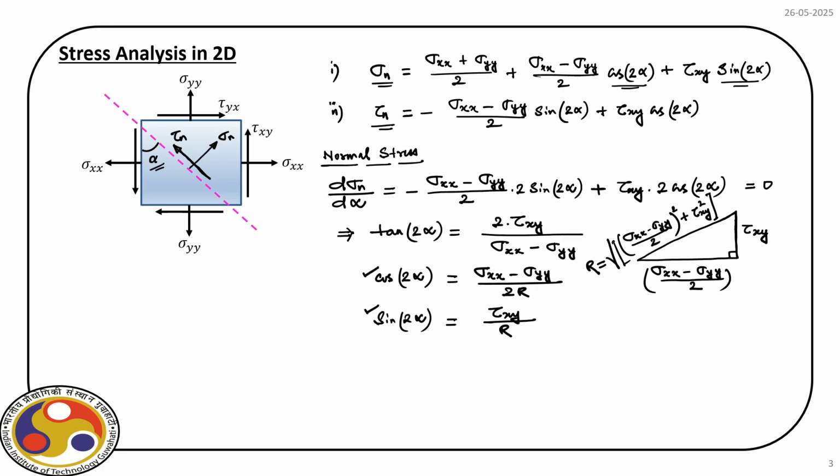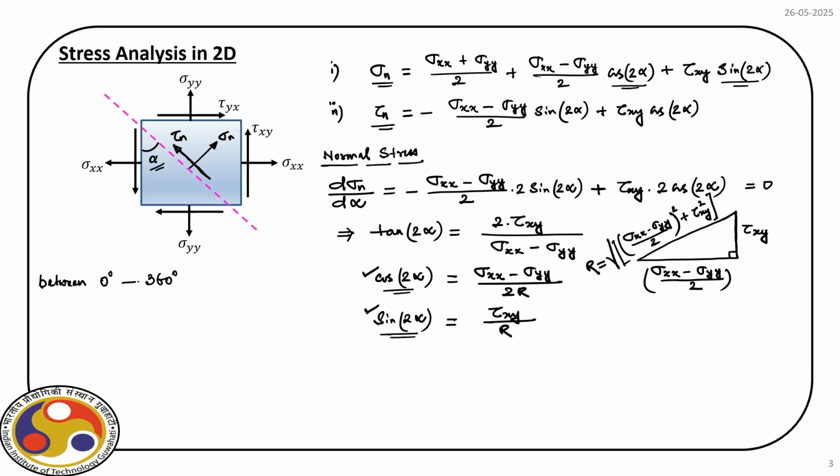If we do that, obviously, we will get the maximum value of sigma n. That we will do in a minute, but before that just look at the orientation of this plane marked by this pink dotted line, and the expression of cosine and sine of 2 alpha. Between 0 degree to 360 degree, we can have two values of cosine and sine.